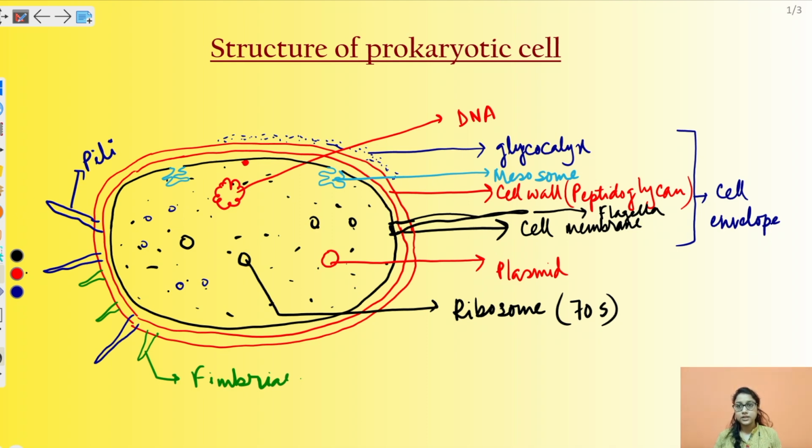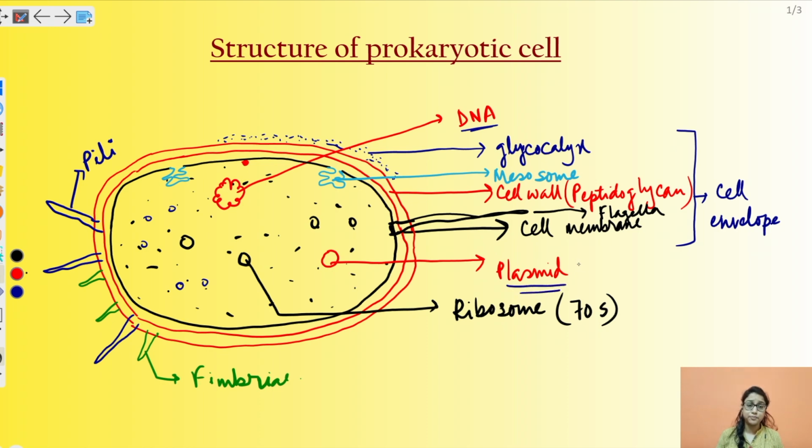So, in this session, we have studied the structure of a prokaryotic cell. We have studied that DNA is not inside any nuclear membrane, because the nucleus of this prokaryotic cell is not well organized, and we have also observed that besides this circular DNA, there is an extra-chromosomal DNA part known as plasmid.